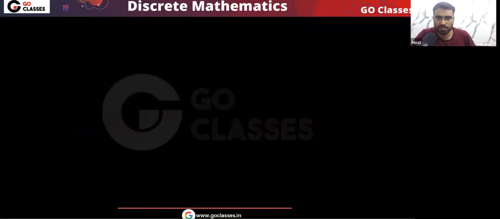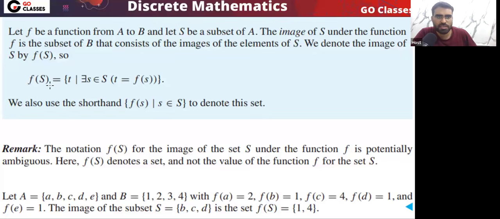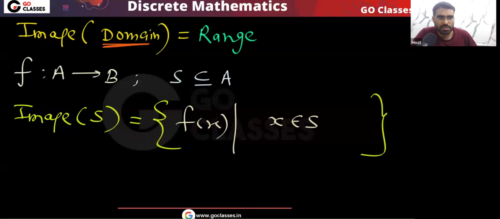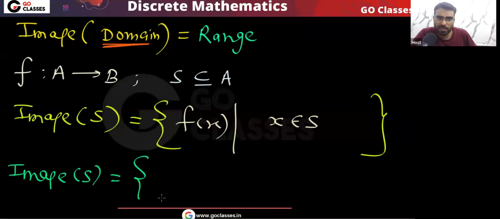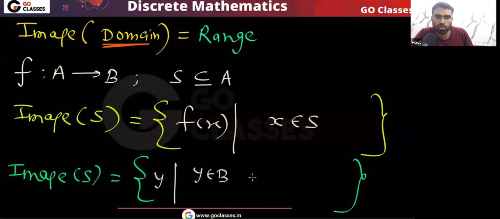Now let's move on. The same definition I can also write like this. Image of S will be the elements Y of the codomain such that for some element of S, Y is the image. Yes or no?